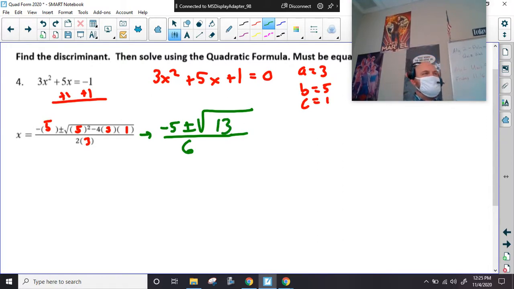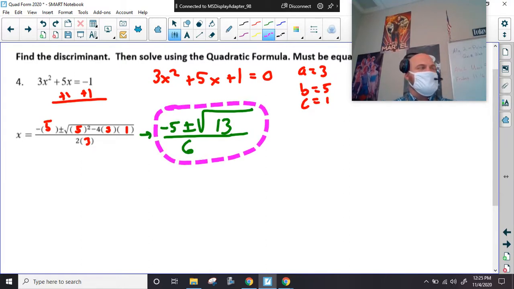Now, there is no square root of 13 that's not a decimal. So guess what? We're done. We can go no further with this problem.